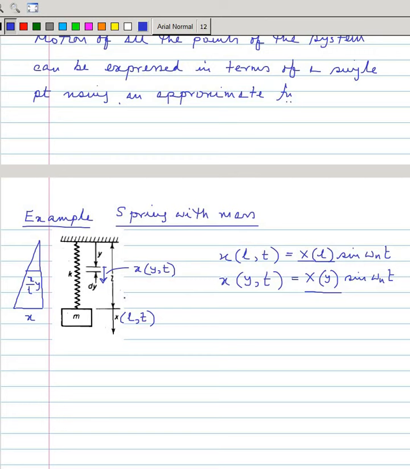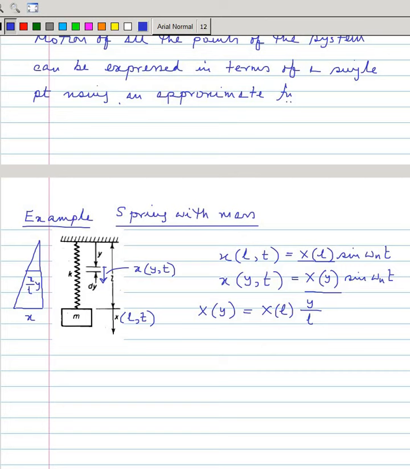You have to find an approximate function by which they are related, and you have to take an approximate function which is close to the actual thing. So if you take X at y as X at L, a linear function, into y by L.